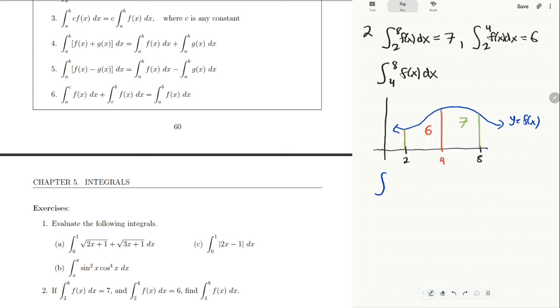So if we use the sixth property, we know that the integral from 2 to 8 is equal to the integral from 2 to 4 plus the integral from 4 to 8.